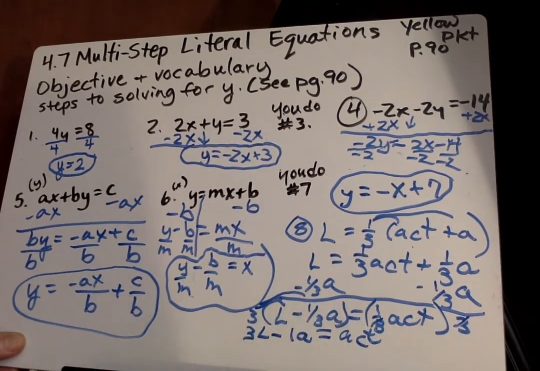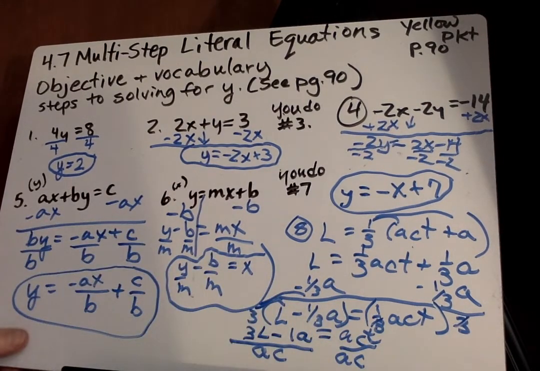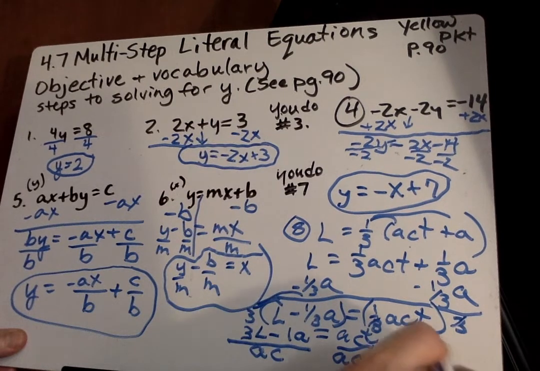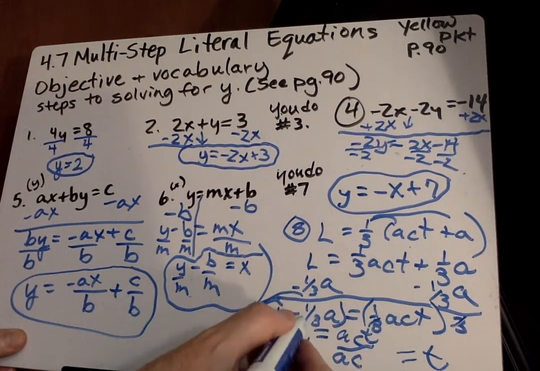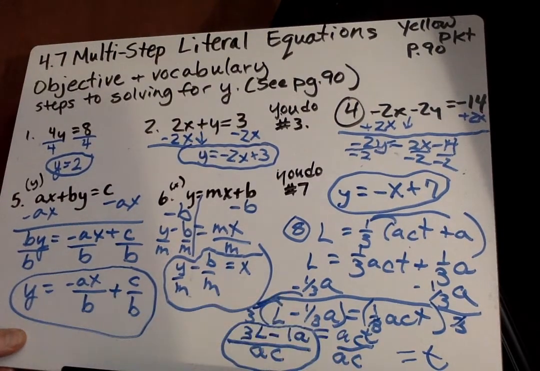Now that's all multiplied by ACT, so I'm going to divide everything by AC. So our final answer is T equals 3 capital L minus 1A over AC.